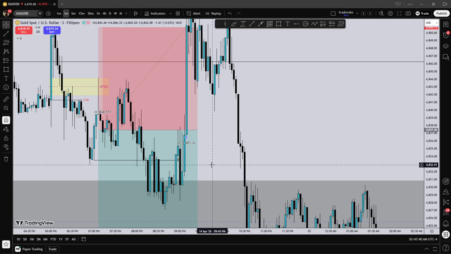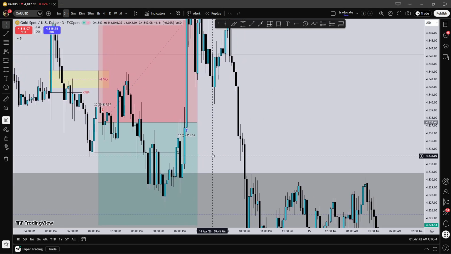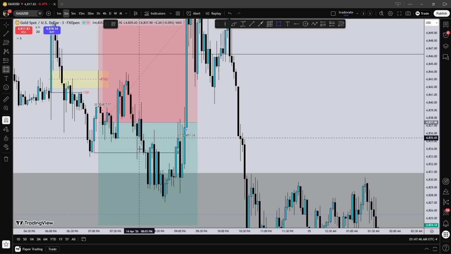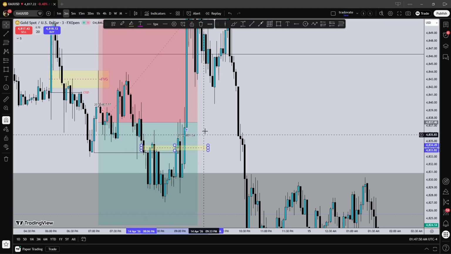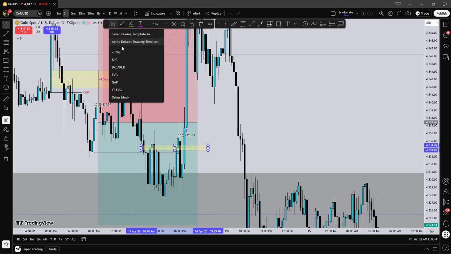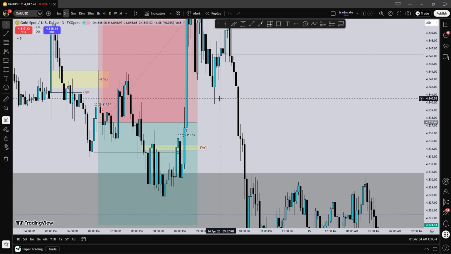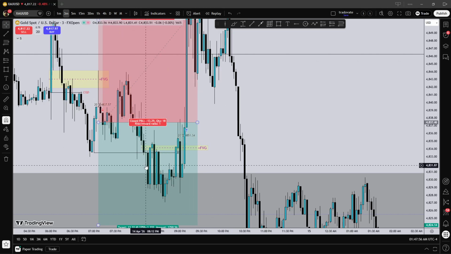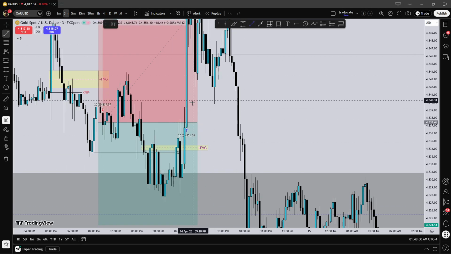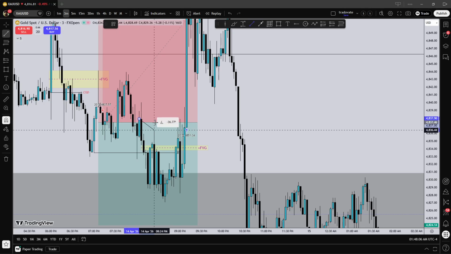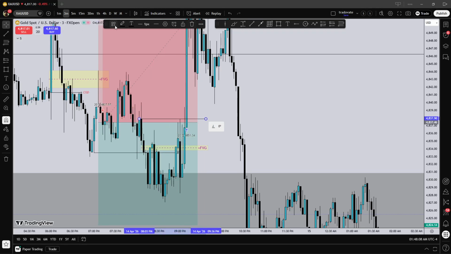Drop down on the 3 minute. We're looking for inversion. We would have gotten this inversion right here, along with a strong change in state of delivery.